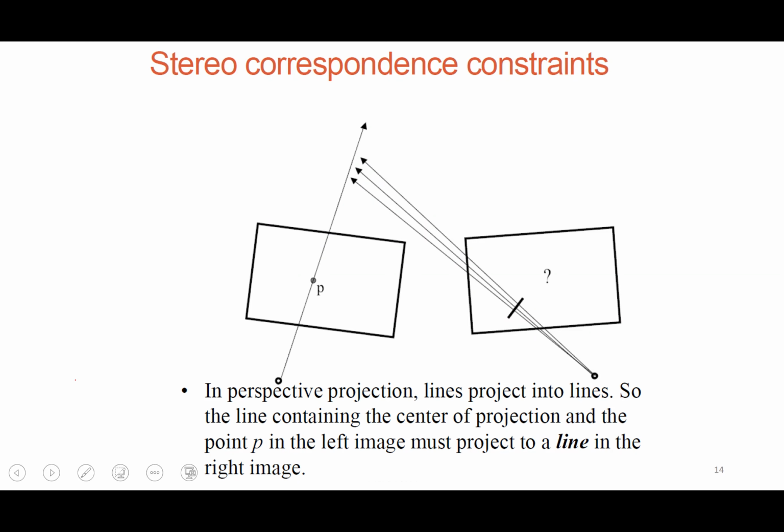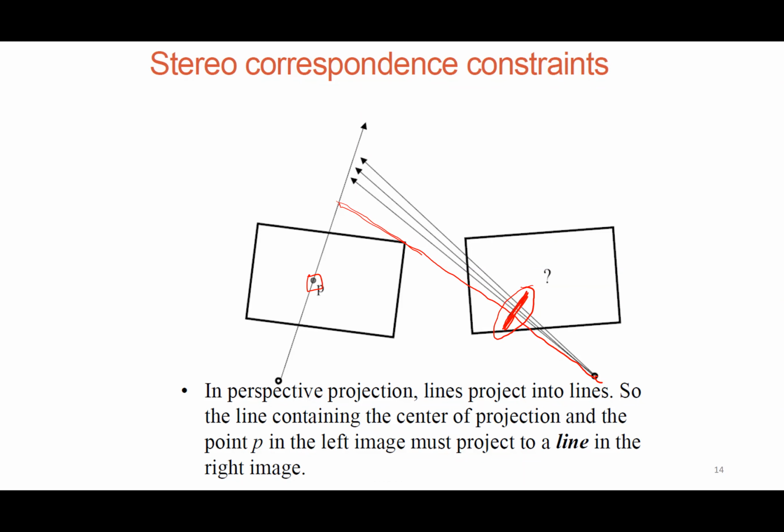So what would happen is, if this is your center of projection, and you draw all these points, assuming this point is here, and you connect it, all those points would form a single line here. So if you are looking for a match for this point, you don't have to look everywhere, but just look for the correspondences on this particular line.